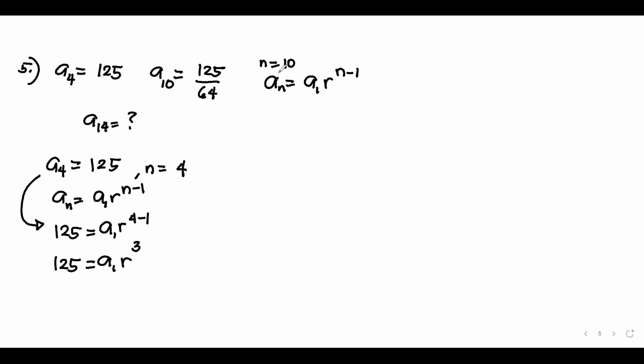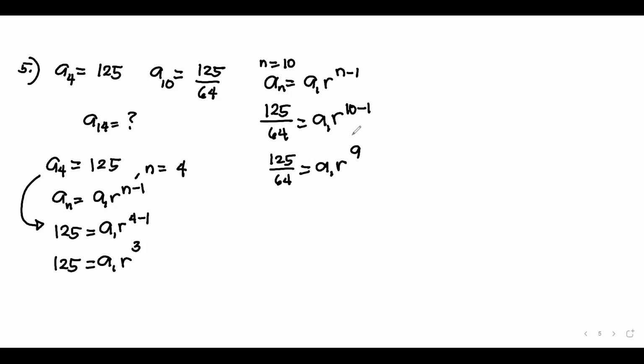So the 10th term, 125 over 64, equals a sub 1 times r, where a sub 1 and r are unknown, raised to 10 minus 1, which is 9.